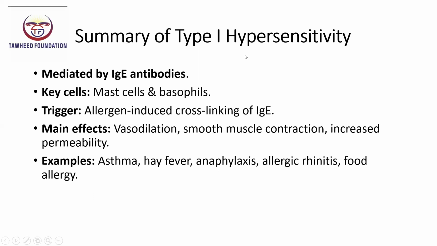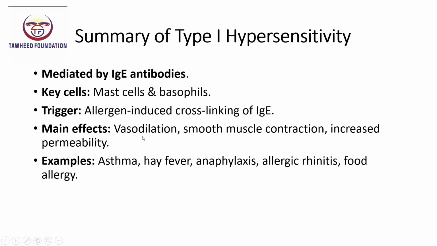Next is summary of type 1 hypersensitivity. So to summarize, type 1 hypersensitivity is IgE mediated. The main effector cells are mast cells and basophils. The allergic reaction is triggered when an allergen cross-links IgE antibodies bound to these cells, causing degranulation and release of mediators.